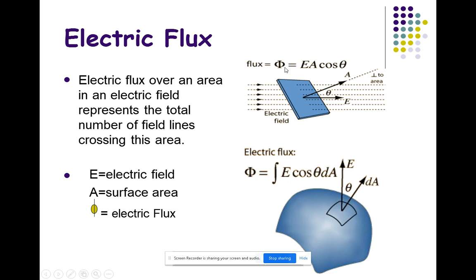Simply, you can write it as EA into cos theta. See the figure. E is the electric field and A is the surface area. Between these two you have the angle theta, which appears as cos theta in this equation. So EA cos theta gives the flux phi.